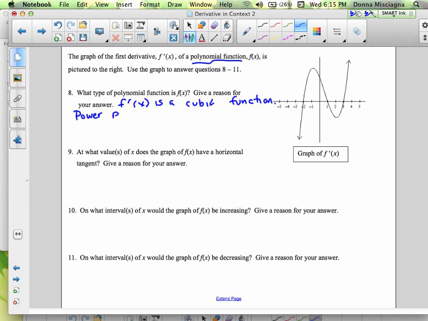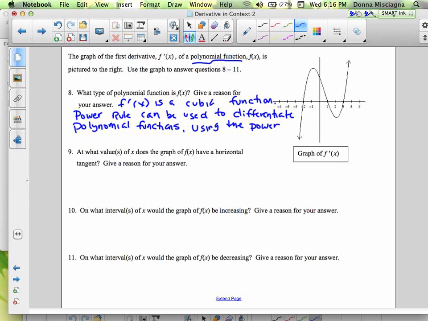So the power rule can be used to differentiate polynomial functions. And when we use the power rule, the power decreases by 1.